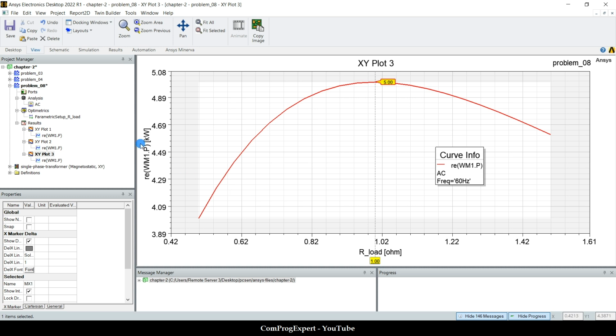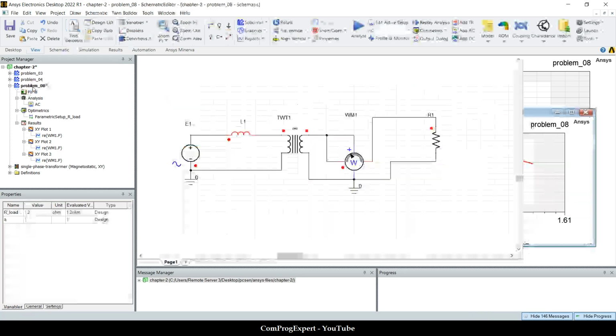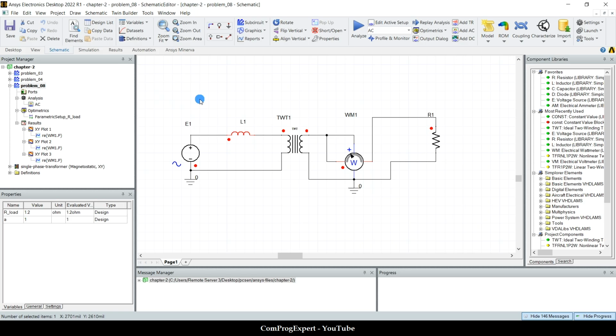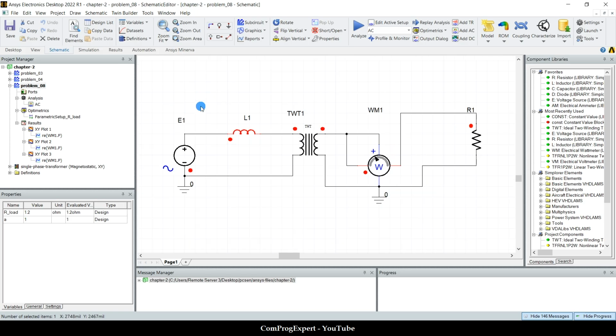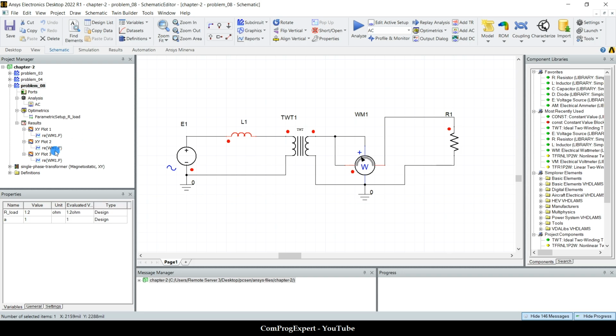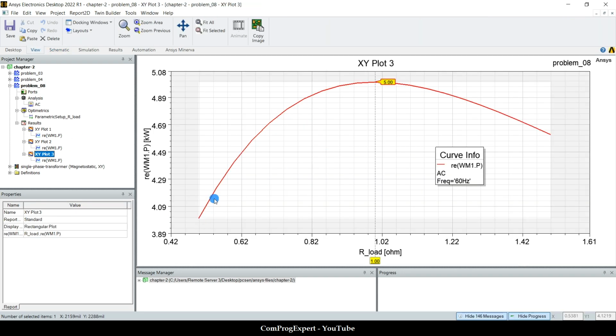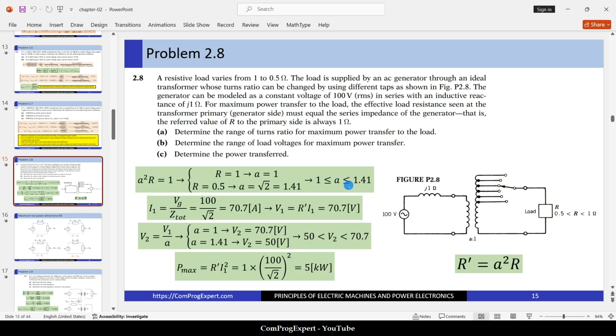What is the maximum value? 5 kilowatt. Yes, you can generate this beautiful graph in ANSYS Simplorer. So how powerful the ANSYS Simplorer is, we can do this kind of parametric simulations in the software to generate this graph and verify our calculations.